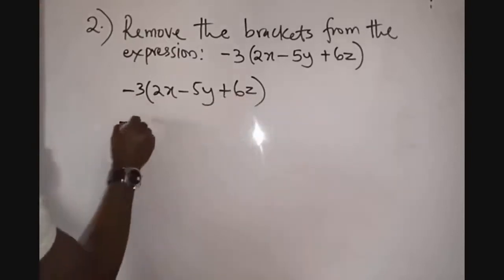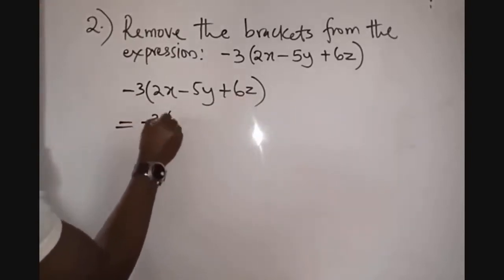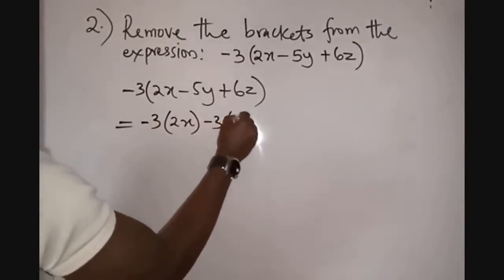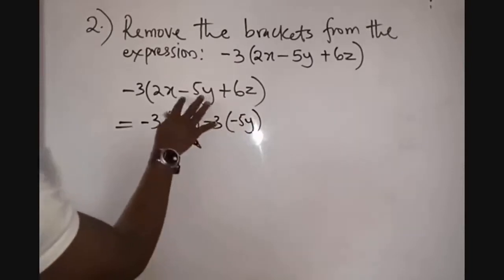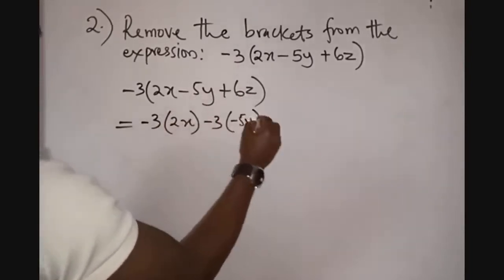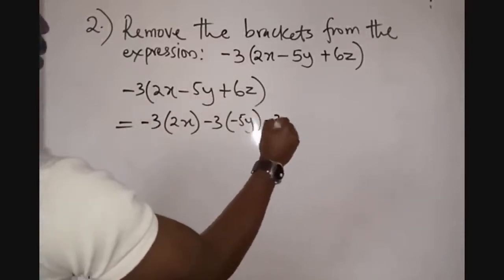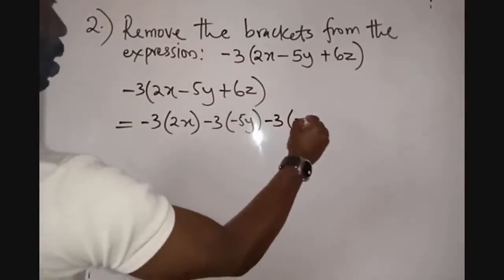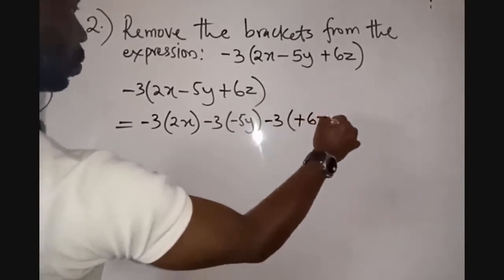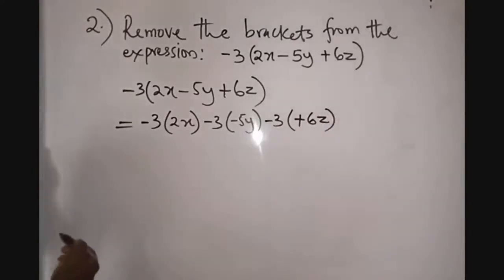There are 3 terms here. So I'm going to have minus 3 into 2x, then minus 3 again into minus 5y. You pick each of the terms with the sign. And I have minus 3 again into plus 6z, which I could just write as 6z if I want to.